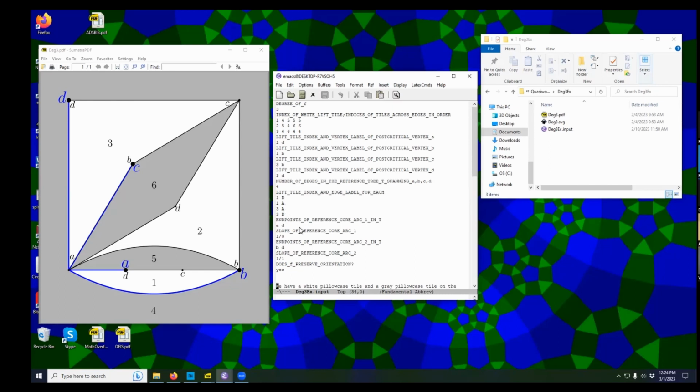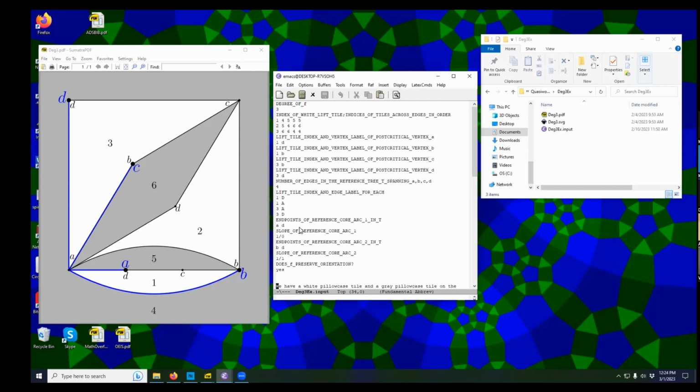Okay, now the program knows the tree, and it needs a little bit more information. It needs 2 segments inside that tree with the property that the endpoints of those segments are post-critical, and there's no post-critical vertex in the interior of the segment. We want segments to be core arcs. We want to choose 2 segments that are core arcs.